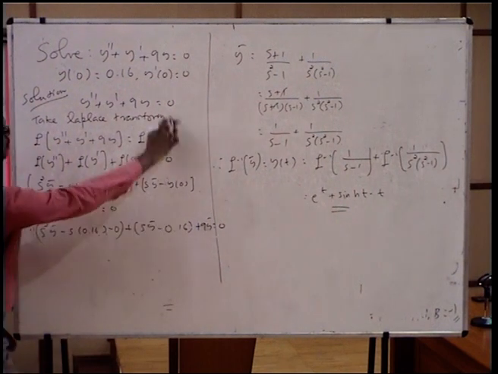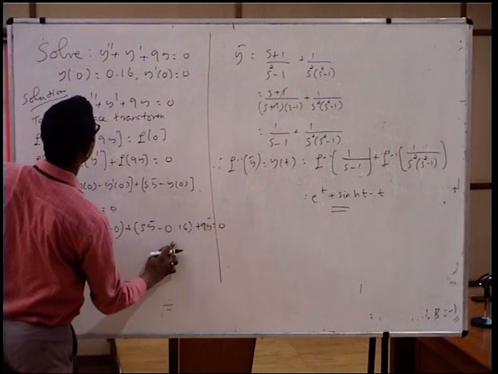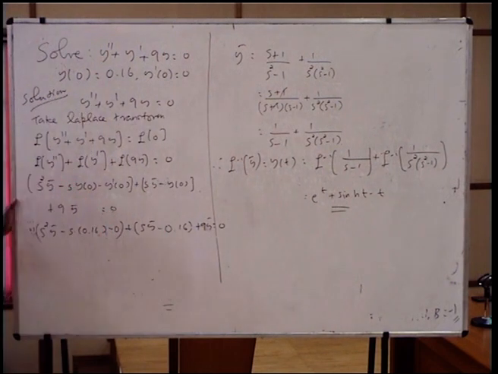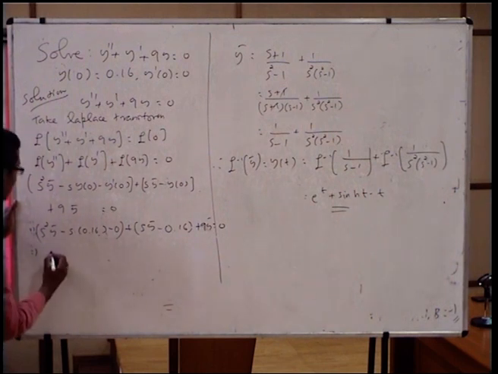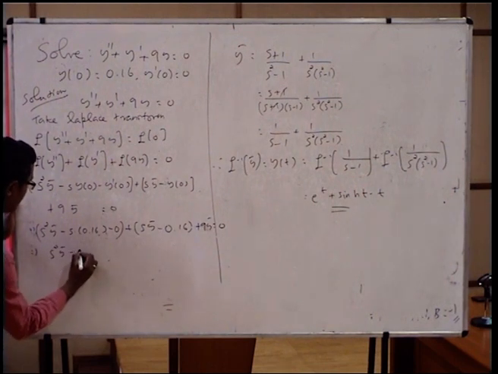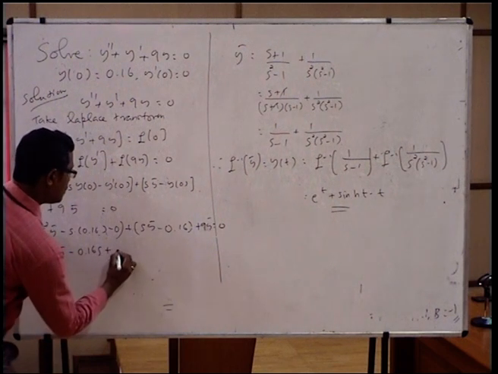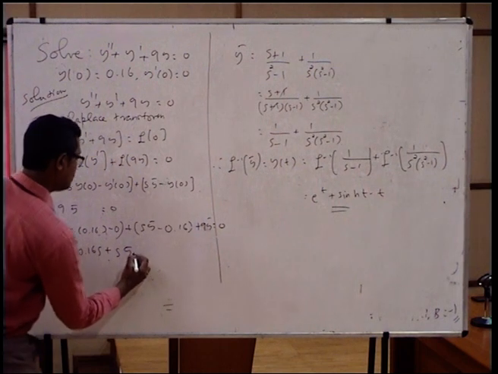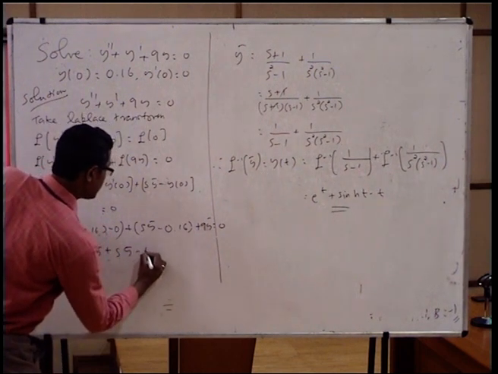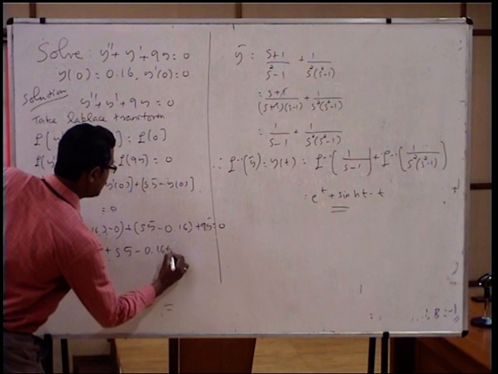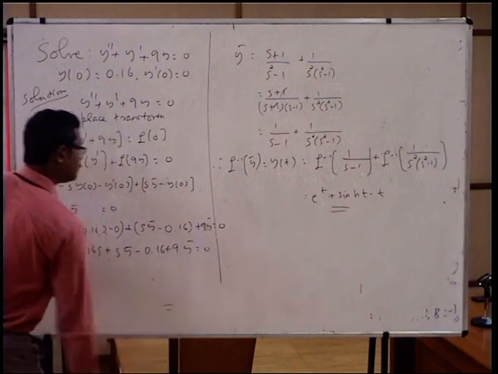So this is s square y bar minus 0.16 s plus s y bar minus 0.16 plus 9y bar equal to 0.